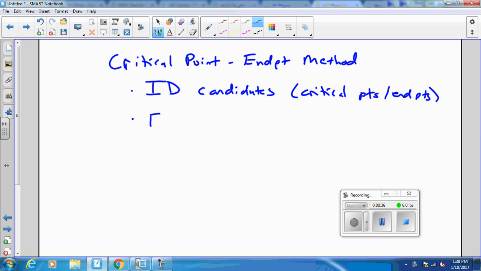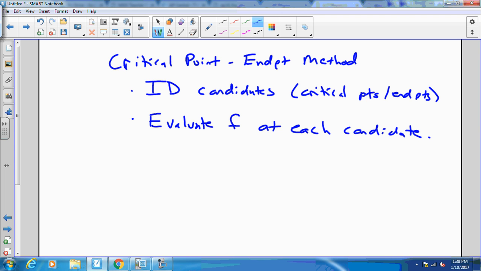And then second of all, evaluating our function f at each candidate. The largest one is the max, the smallest one is the min, we're done.